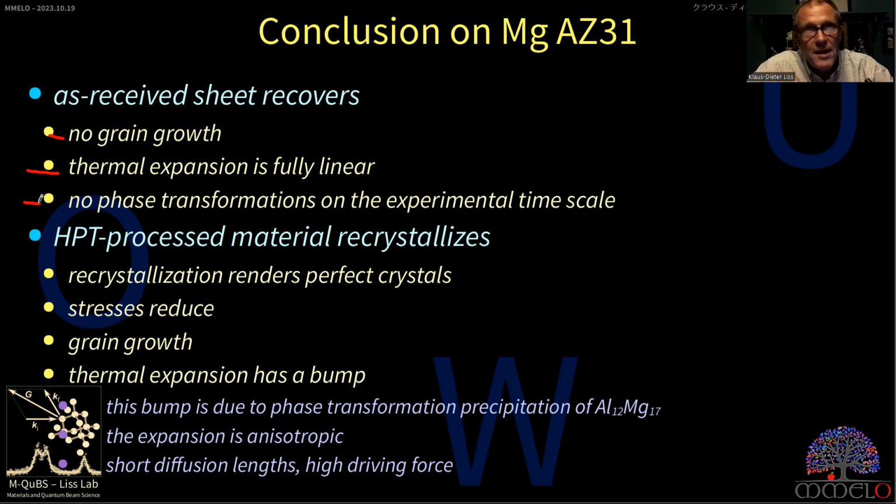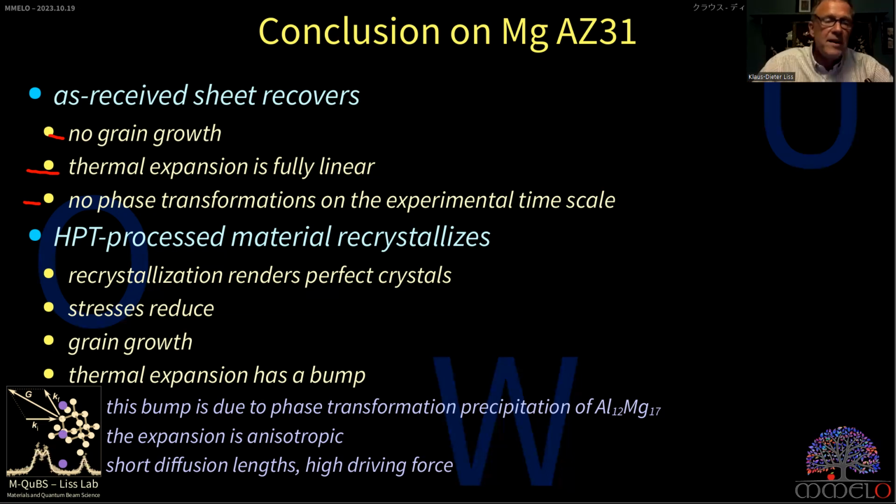By thermodynamics, by the phase diagram, you should get precipitation of the intermetallic phase. However, I assume the material was quenched from high temperatures during processing, before we received it. Then we heat it up, and in this heating process there is not enough time for diffusion to precipitate.